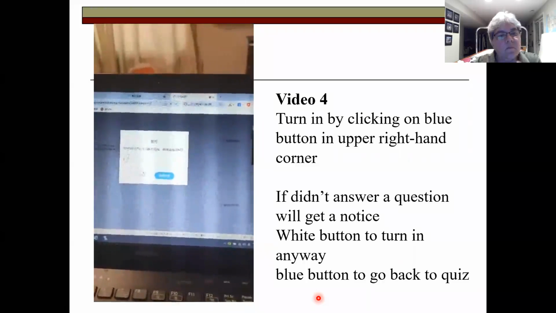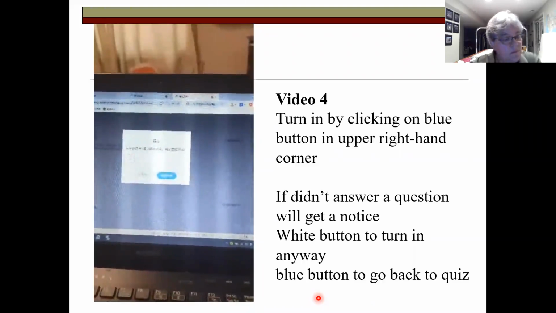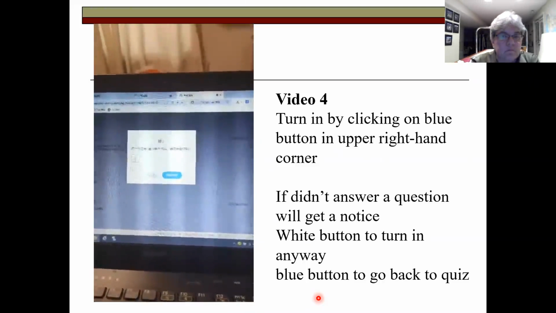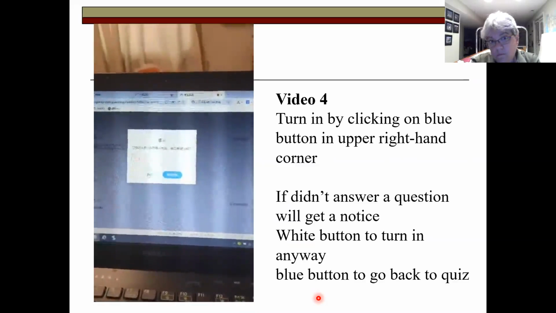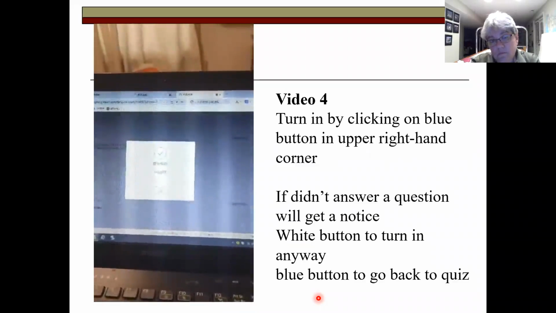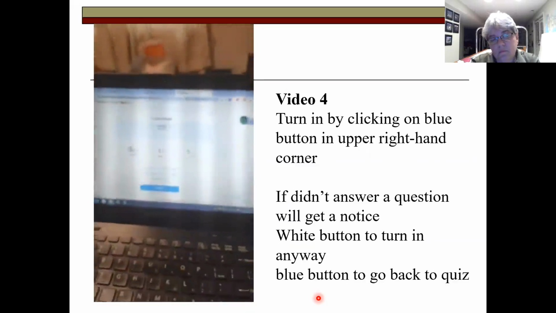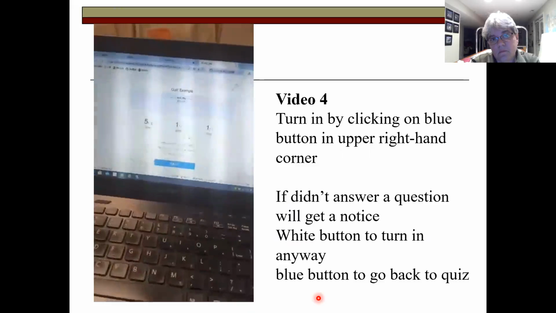But if you want to turn in your paper, you can press this button here, and here means you successfully turn in the paper.